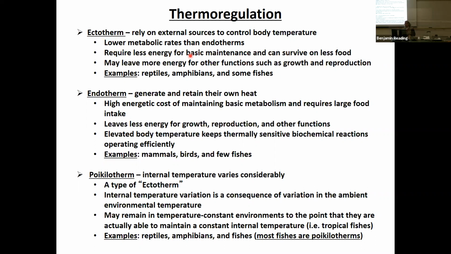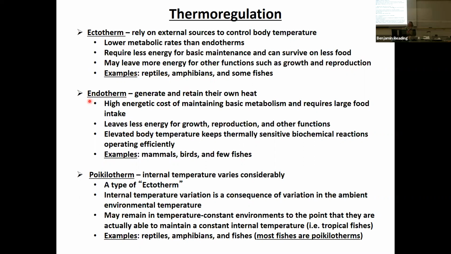You've got to pay for that. And so ectotherms can survive on less food. They don't need to consume as much to get more out. Okay. Examples of ectothermic vertebrates: reptiles, amphibians, and some fishes. Some fishes are outright ectotherms.